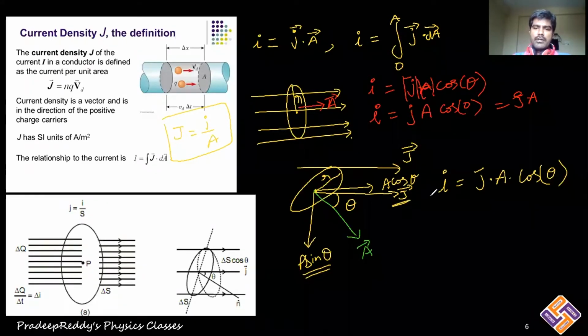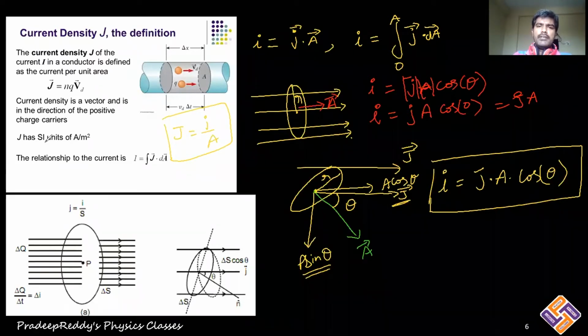Current density is horizontal, so you need to take the component of the area vector which is parallel to J bar. Therefore current can be calculated as I is equal to J A cos theta, where theta is the angle between J bar and A bar. I hope this concept is clear.